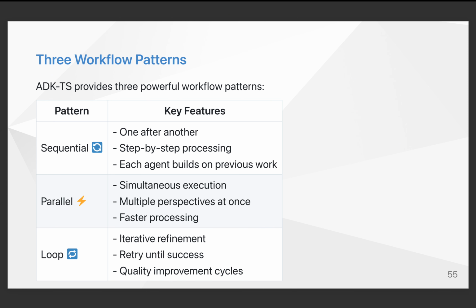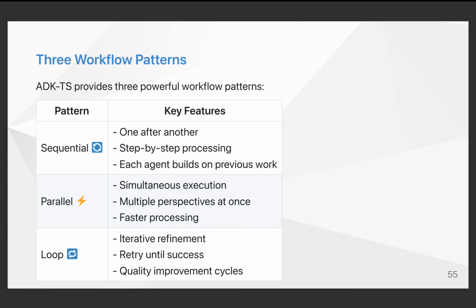ADK-TS provides three workflow patterns, each designed for specific automation needs. Sequential, for when agents run one after another. This is perfect for step-by-step processes where each agent builds on previous work, like an assembly line. Parallel, for when agents run simultaneously. This is great for getting multiple perspectives at once and faster processing.